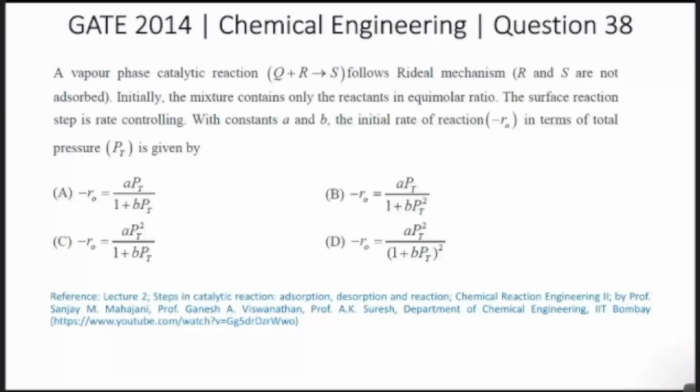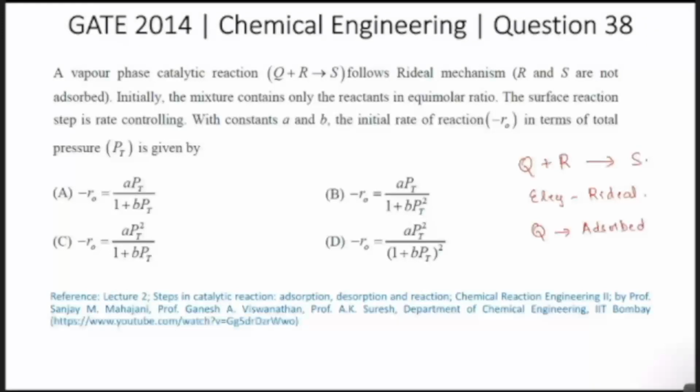So here the reaction given to us is in vapor phase, and that is Q plus R giving S. And this follows Eley-Rideal mechanism. In the question they have mentioned that only Q is getting adsorbed. R and S are not getting adsorbed.